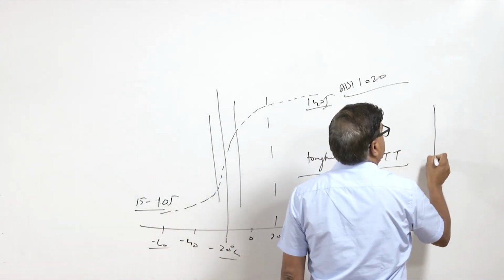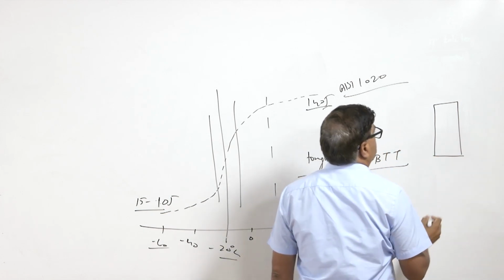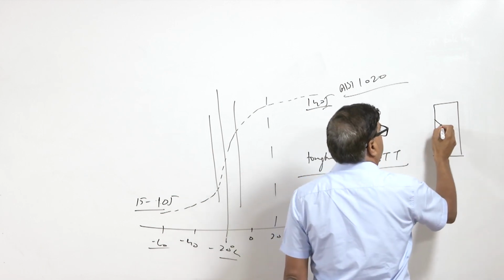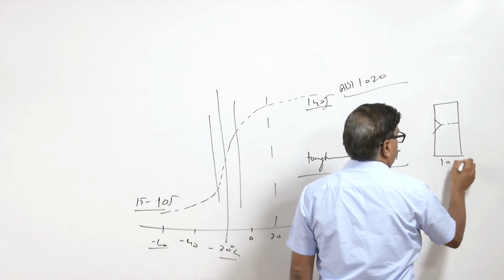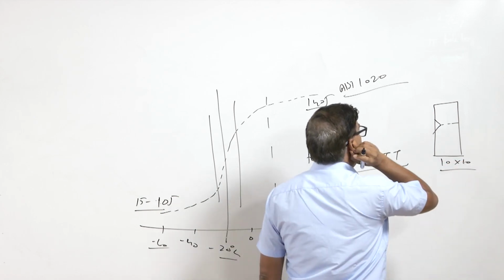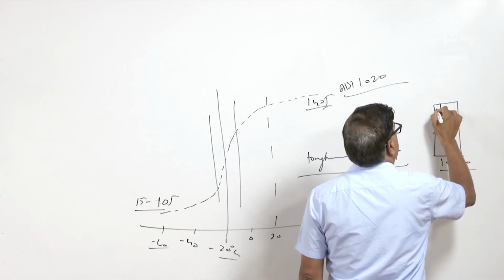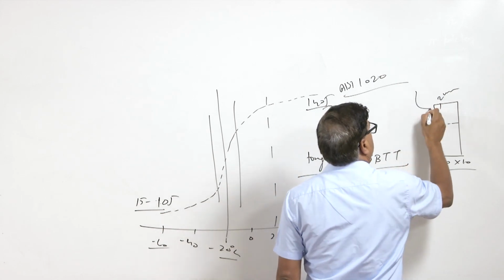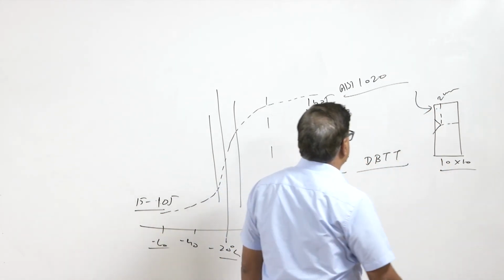Normally, the toughness sample is of the square shape, where we make a square cross section and we make a notch. A 10 by 10 mm cross section is normally used, and here this is the 2 mm notch which is normally made, and then we check the impact resistance using the Charpy or Izod test.